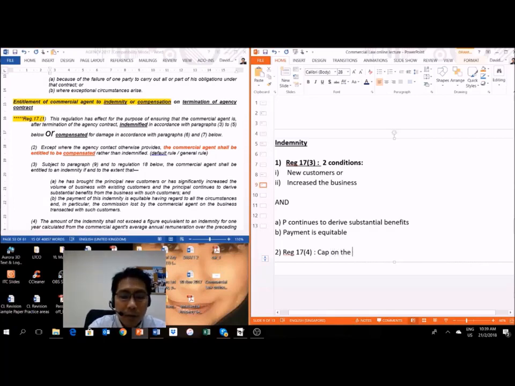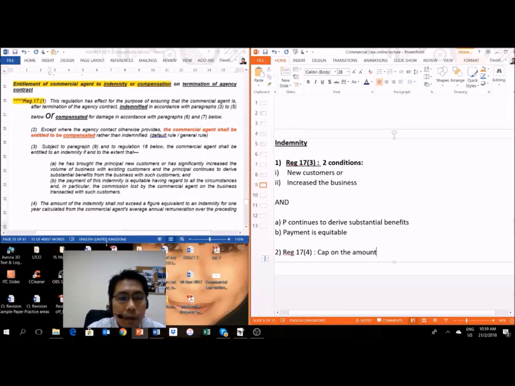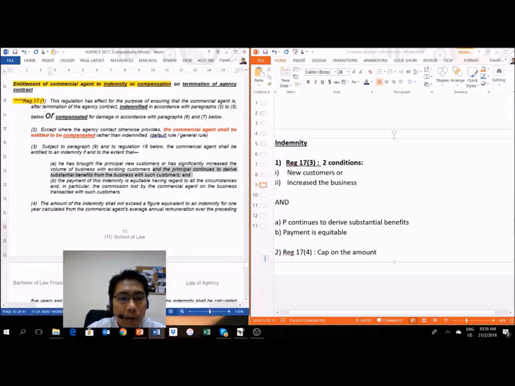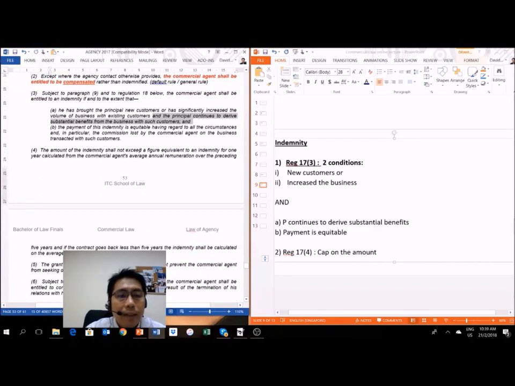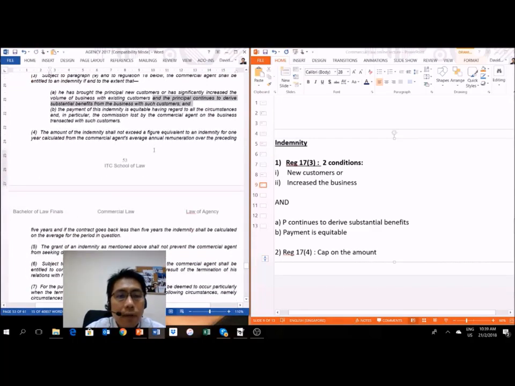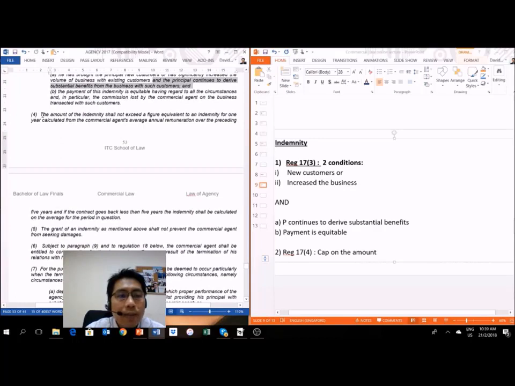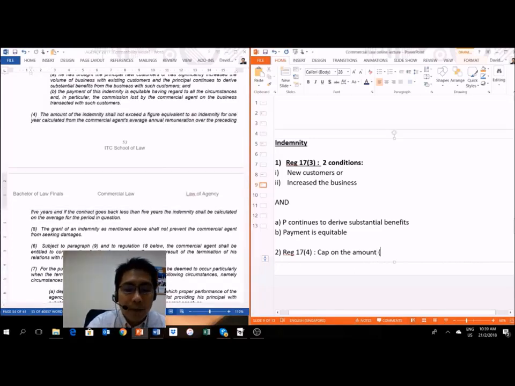You can see here in your notes where the amount shall not exceed a figure equivalent to an indemnity of 1 year calculated based on the average remuneration over the past 5 years, right? So there is in a sense a 1 year cap. And the way they calculate the cap is over the gross earnings of the past 5 years on average.